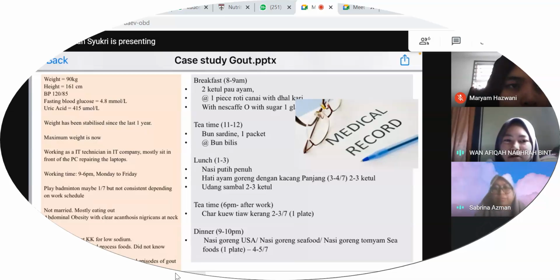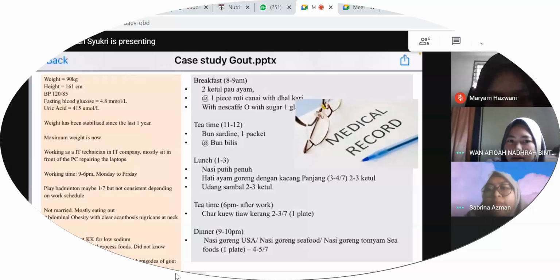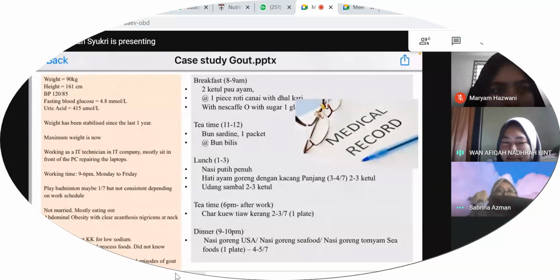Actually, this patient consumes high purine food in every meal, such as yeast from the pulp, from the bun, and the protein source, which is sardine, and bilis also are high in purine.